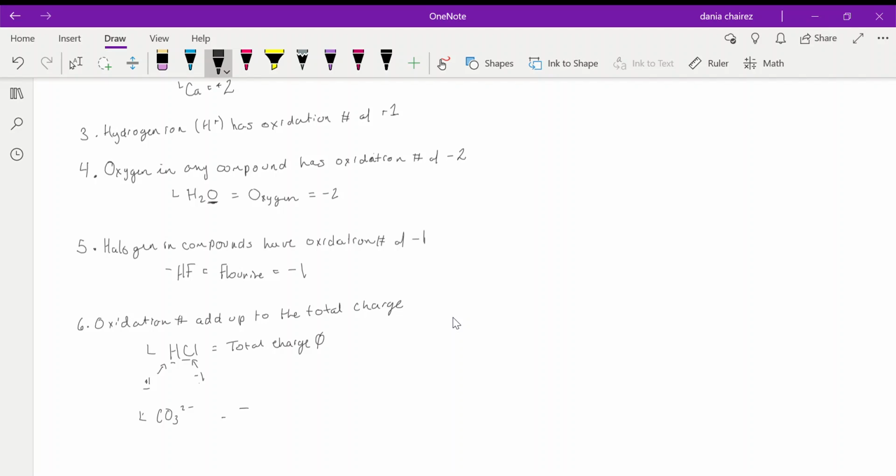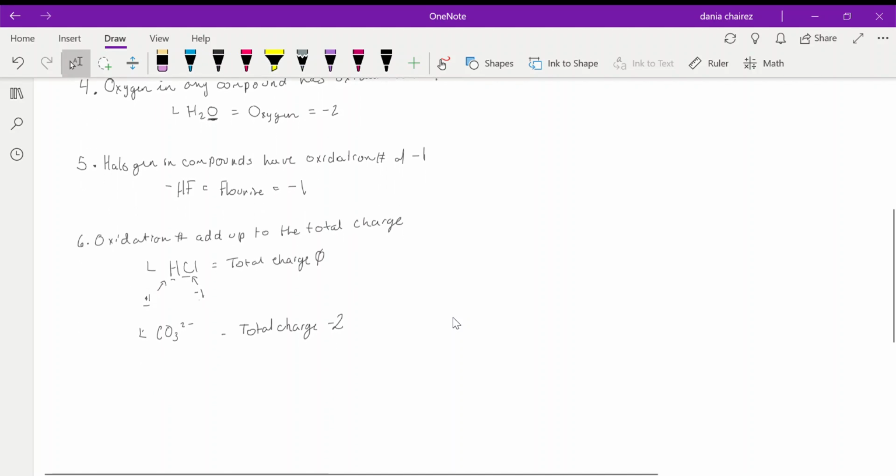So I'm going to write over here that our total charge is -2. So then we know that our oxygen in a compound has a charge of -2, right? So oxygen equals -2. And since there's 3 of them in this one, we would do -2 times 3, because it's a -2 charge per each oxygen, which means we have a -6 oxidation for our oxygens.